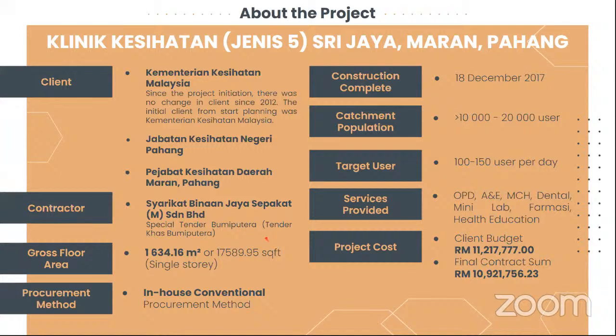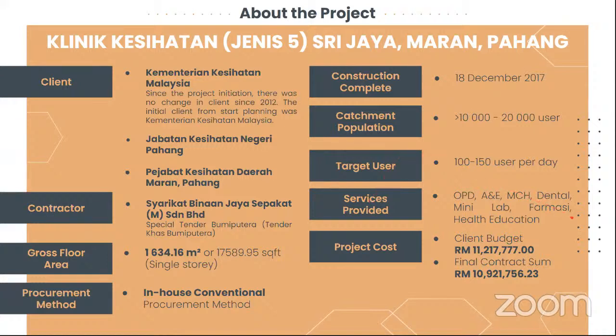For this clinic, it is a single-story clinic with 1,634 meters square of gross floor area. In this project, the procurement method adopted is the conventional method. On the other hand, there are different types of services provided based on the classification of the Klinik Kesihatan.